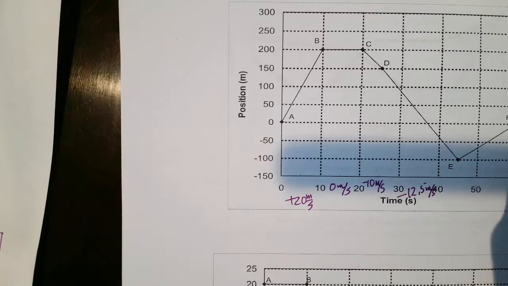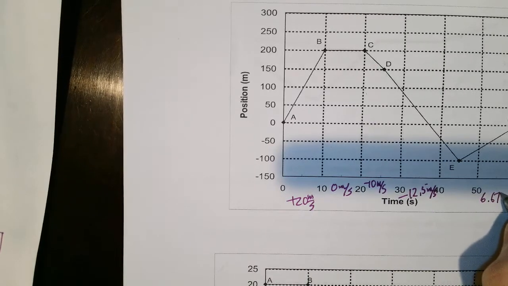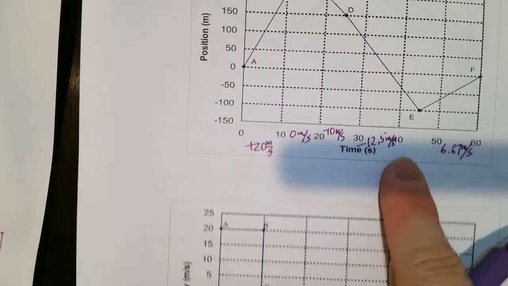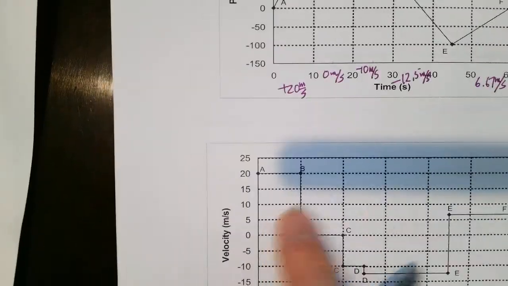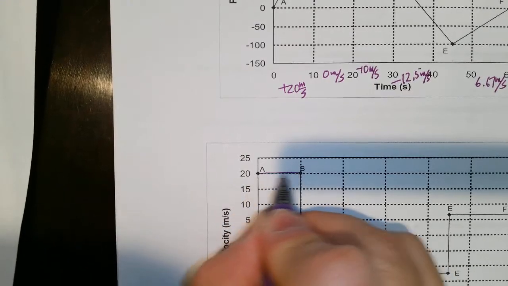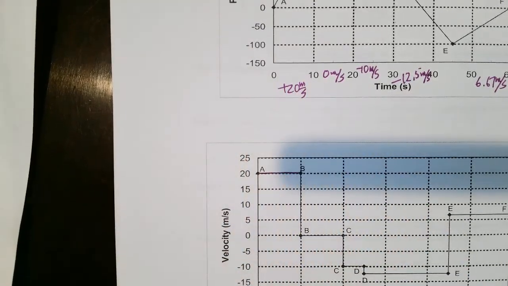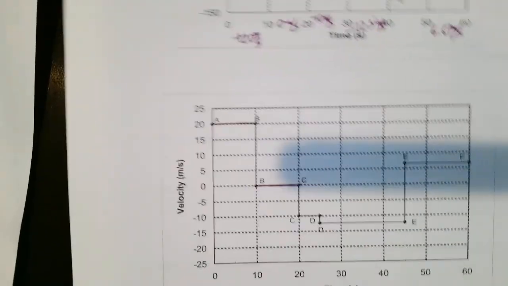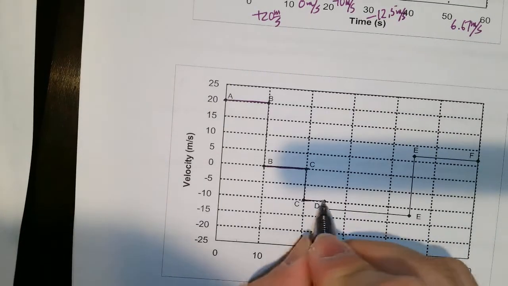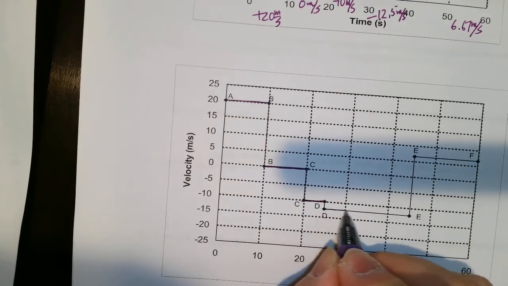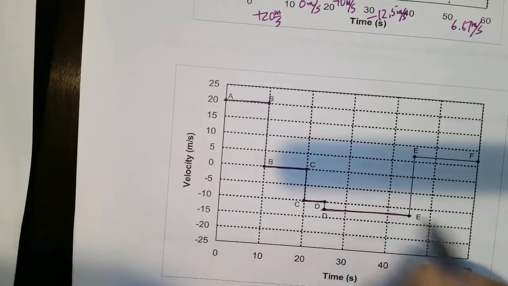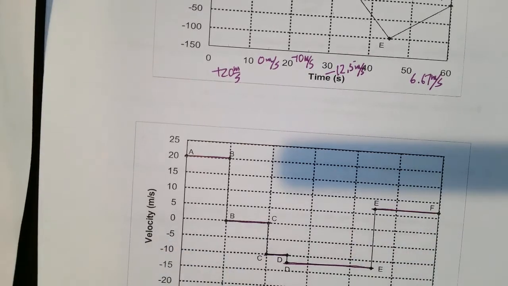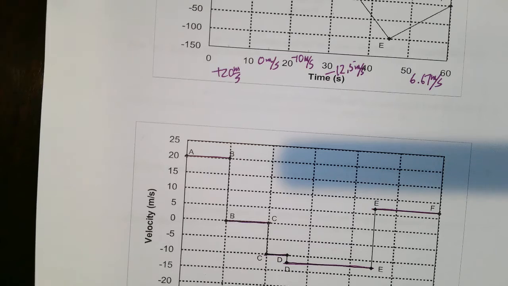And this E to F was 6.67 meters per second. So when I graph these slope values, this is exactly what it looks like. Positive 20 meters per second from 0 to 10 seconds. 0 for B to C. C to D, negative 10. D to E, negative 12.5. E to F, positive 6.67. Booyah.